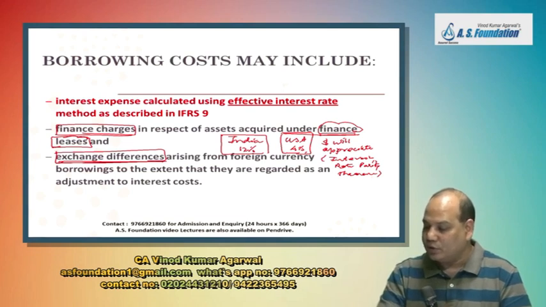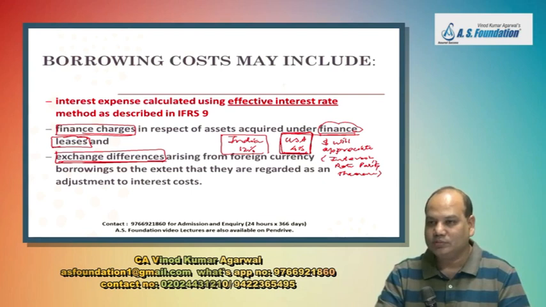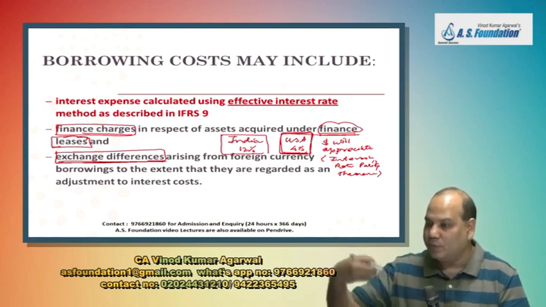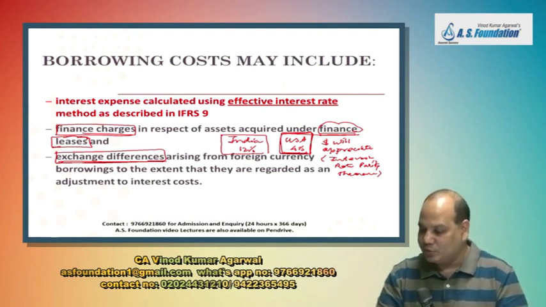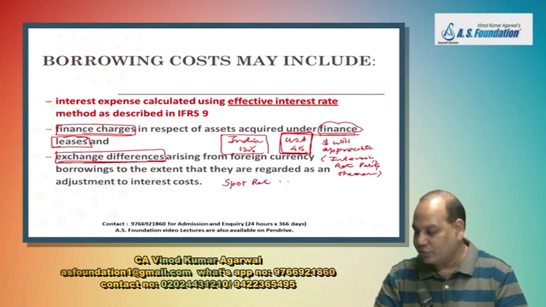So the benefit of low cost interest in USA will be set off by exchange loss, because when you repay the loan, you will repay at a higher rate. Suppose today the spot rate is 70 rupees per dollar.